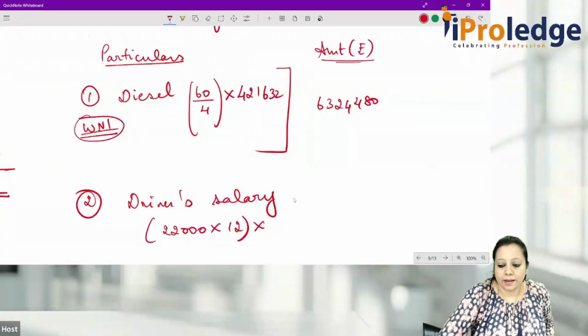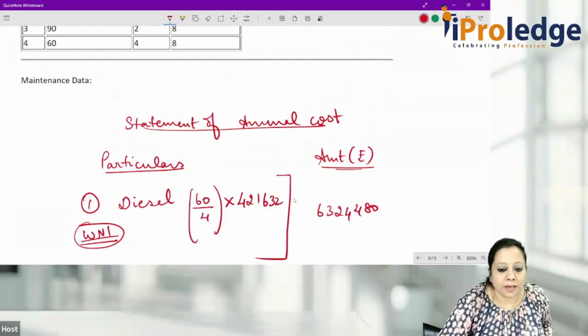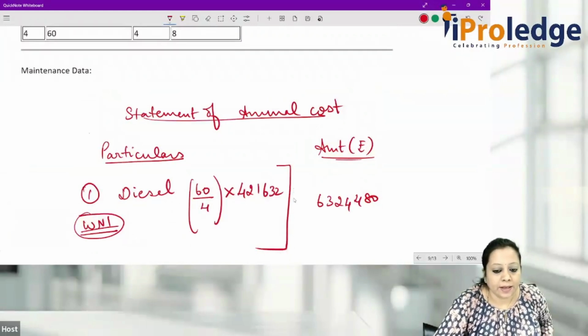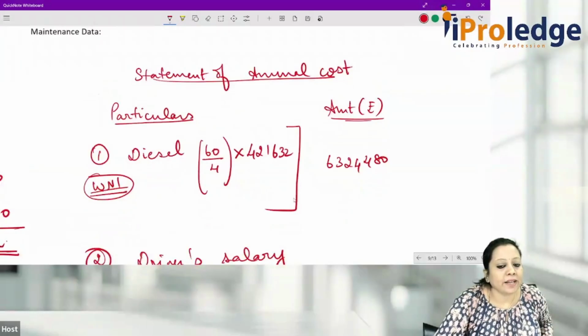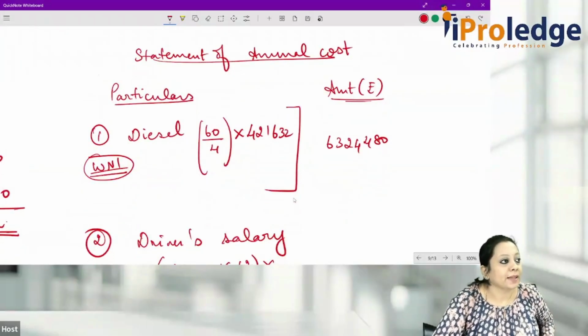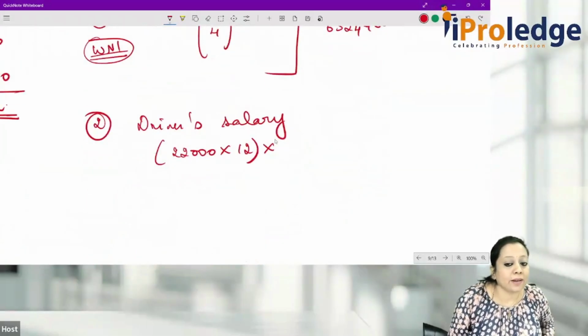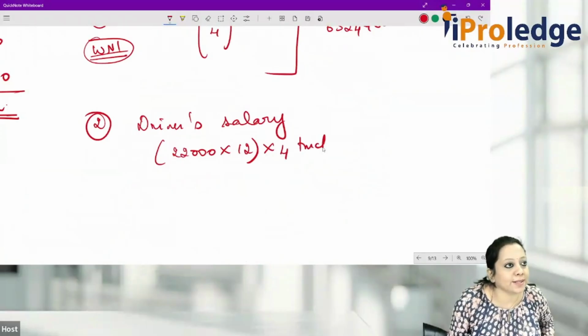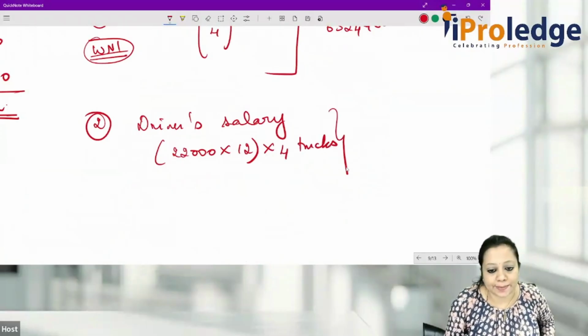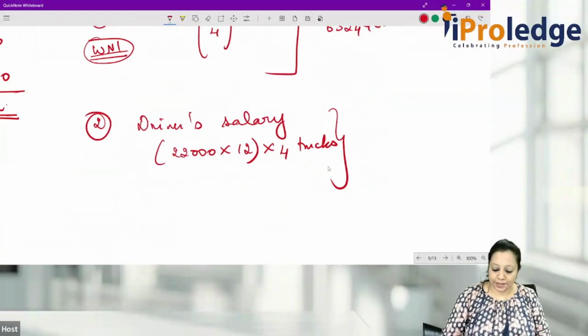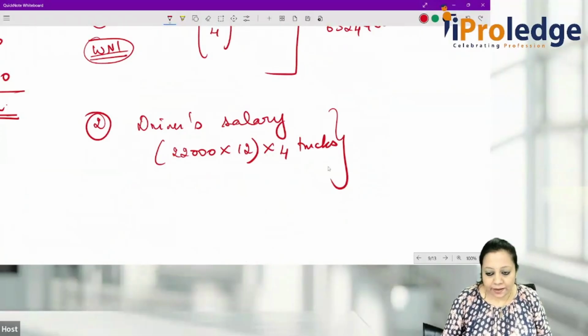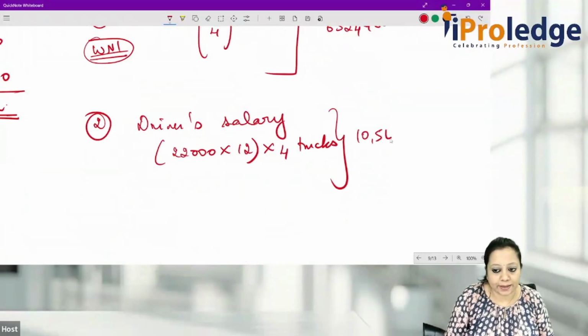And this is a statement of annual cost we have written. The diesel cost we have taken for all four trucks, isn't it? That means this driver's salary also we should do for all four trucks, isn't it? Yes, students? Right. So now 22,000 into 12 into 4. 10,56,000.